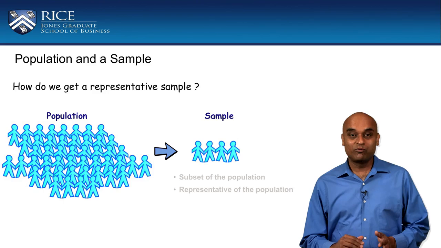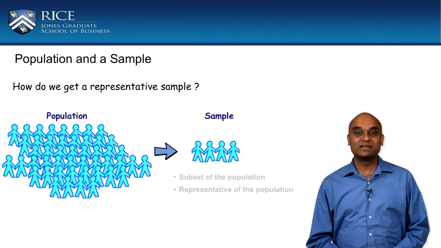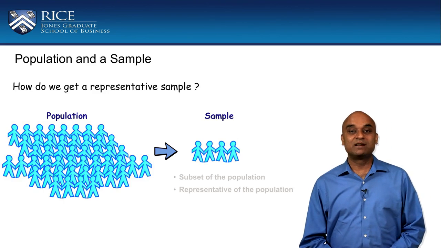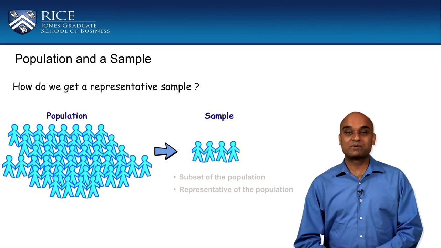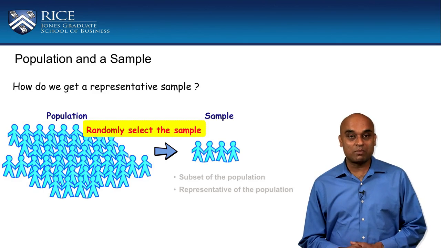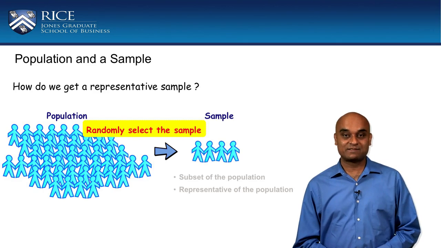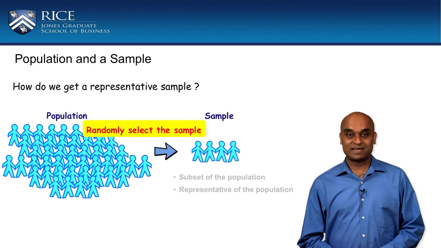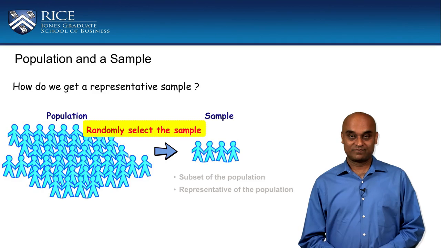There is a whole field within marketing research that deals with sampling and different ways of generating a representative sample. However, in short, the most common method of obtaining a representative sample is to randomly select a sample from the population.